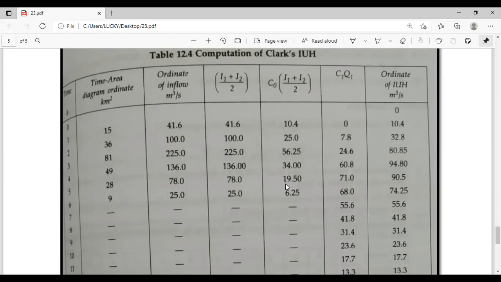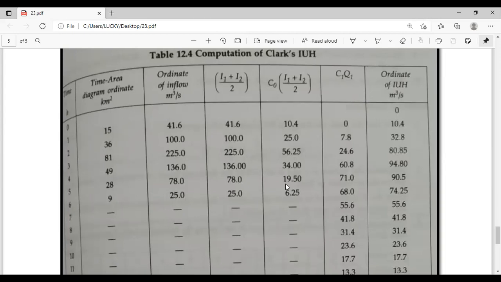Where here C1 Q1 is equal 0, 7.8, 24.6, 60.8, 71.0, 68.0, 55.6, 41.8, 31.4, 23.6, 17.7, 13.3, 10, 7.5, 5.63, 4.22, and 3.16.